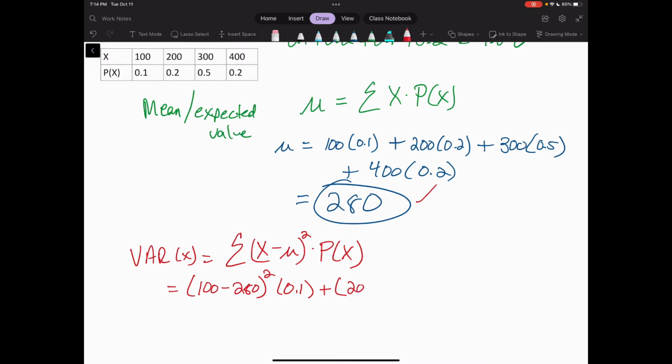The next x value is 200 minus the mean, which is 280. Square that, times the probability that we get 200, which is 0.2. Plus 300 minus 280, that quantity squared, times 0.5. Plus lastly, 400 minus 280 squared times 0.2.